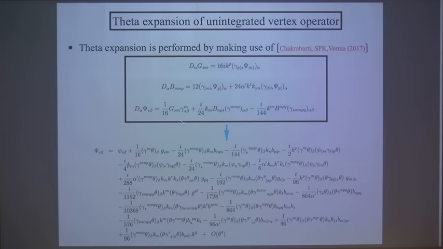After doing this recursive exercise, we find, for instance, that the tensor spinor superfield has this theta expansion up to order theta cubed, and similar results for B_MNP and G_MN. Now, as you can see, there are a lot of terms, which makes it very difficult to handle. For this, one can resort to computer algebra systems. Our choice was Cadabra and a Mathematica package called Gamma.